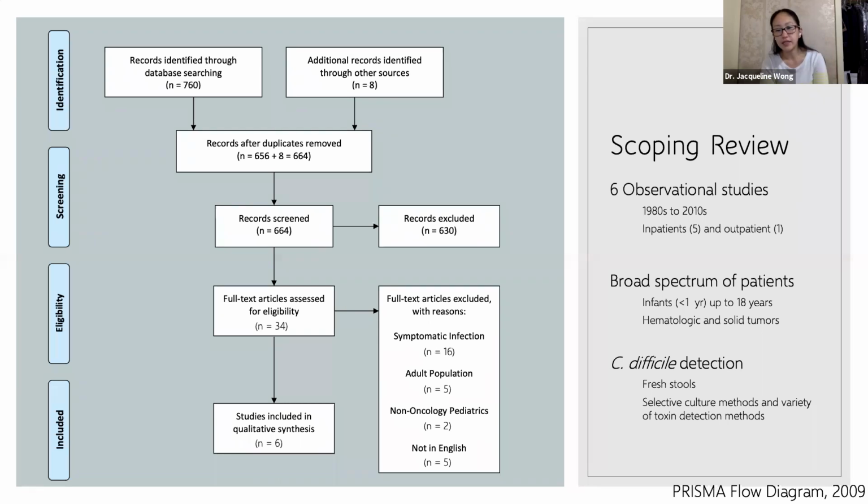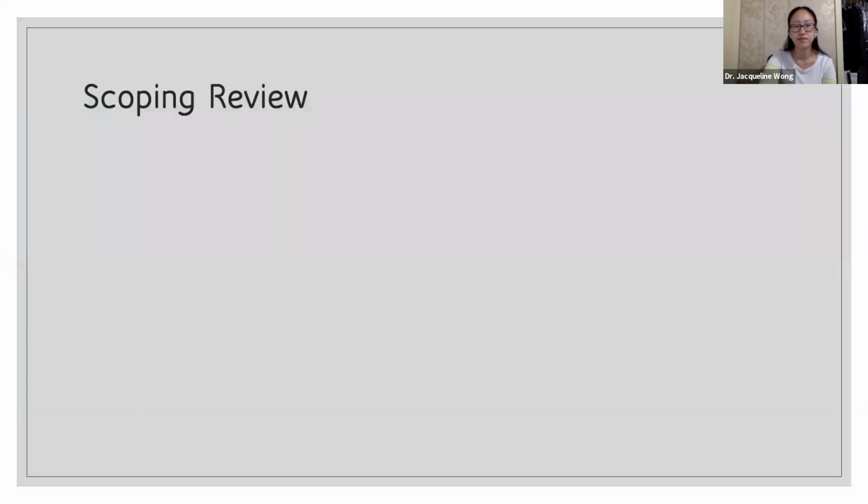So some studies used cytopathic effect detection, enzyme-linked immunosorbent assays, or EIAs. Some of them used PCRs, and one study actually just used PCR alone for detecting the toxin B gene. And so most of the studies were actually able to differentiate between the proportion of toxigenic and non-toxigenic strains.